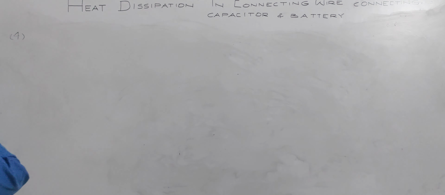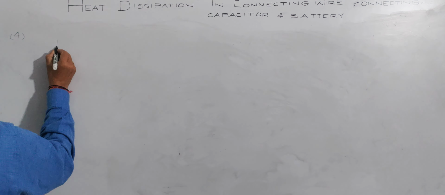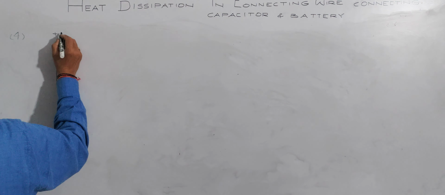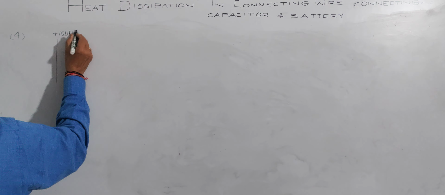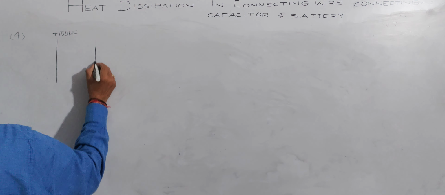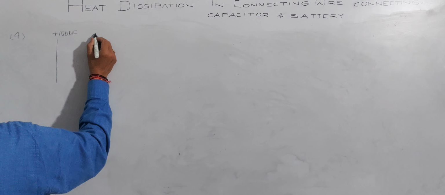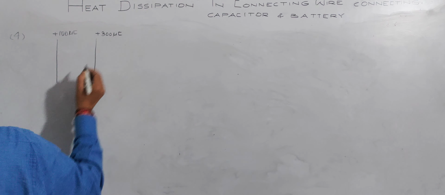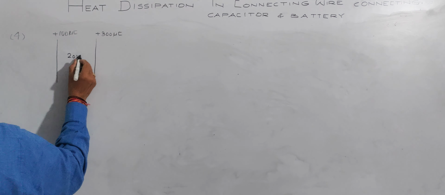In the fourth example, we'll take two plates. This one has 100 microcoulomb, and the second plate has 300 microcoulomb, and let us take the capacitance as 20 microfarad.